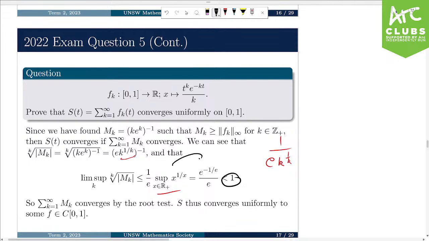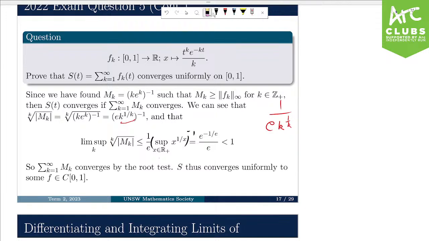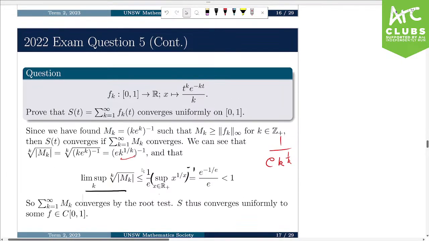Yes, from this line, this definitely should be on the denominator, or it should have a -1 here. Then here we have the limit superior of this sequence is also less than 1. So we can use the root test to conclude that this series converges.